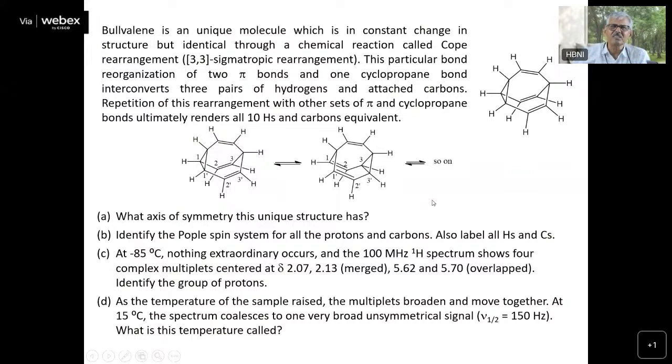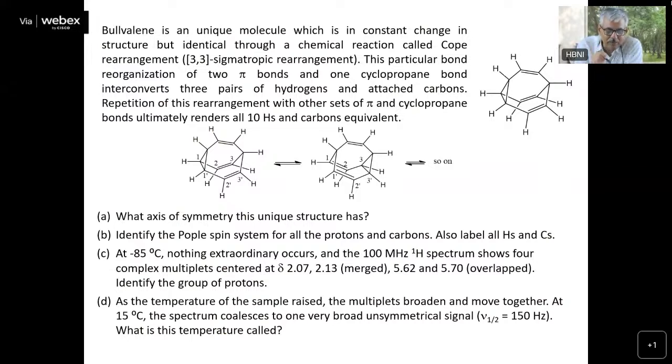Now we would like to find this out by dynamic NMR spectroscopy. Before doing anything, with the structure given, you have to find out the different chemical environments of all the protons. The best way is to first find out whether there is any symmetry element present in this molecule.